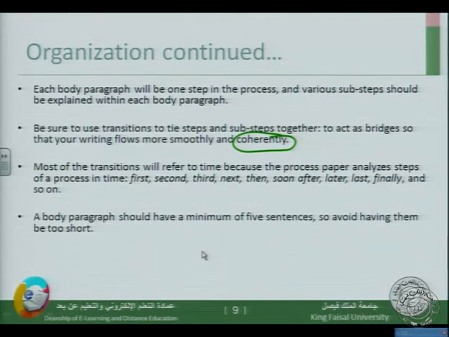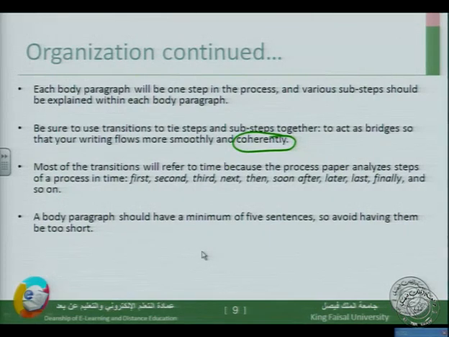You need to write 4 to 5, but at least 5. Why? Because if you write three sentences, usually, not always, your paragraph is going to look weak. It's not convincing. It's not persuasive. It doesn't attract your reader enough.